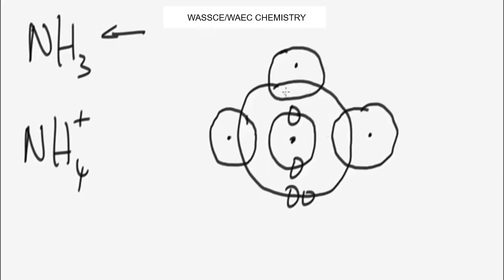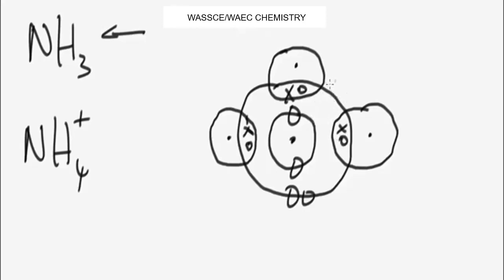So the hydrogen will donate its 1 electron here, and the nitrogen also donates its 1 electron here. The hydrogen here donates its 1 electron, the nitrogen donates its 1 here, the hydrogen here donates its 1 electron, the nitrogen donates its 1 here, for both atoms to attain stability.